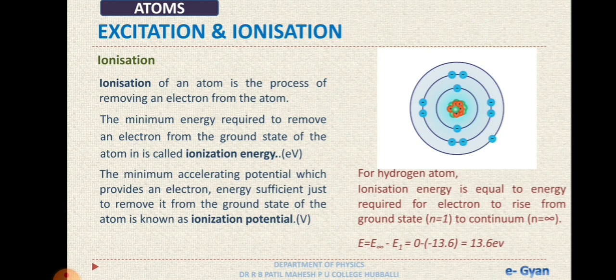The ionization energy of a hydrogen atom is 13.6 electron volts. So this was the concept of excitation and ionization. If the electron goes to higher orbits from the ground state, it is called excitation. If the electron becomes free from the ground state, it is ionization.